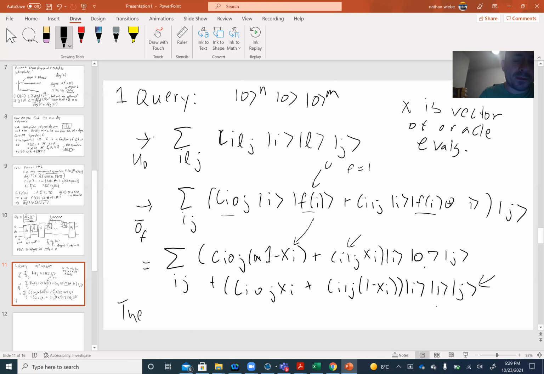Therefore, all one-query algorithms, the output state from them can be written in the form sum over k of c_k |k>, where this is a degree 1 polynomial.